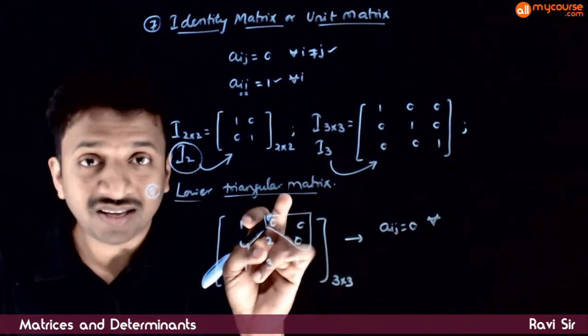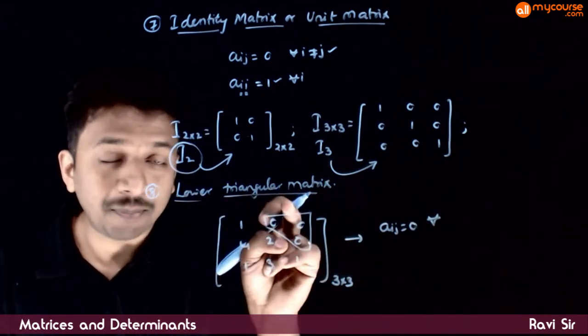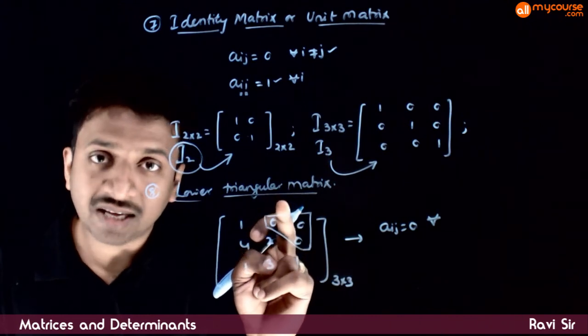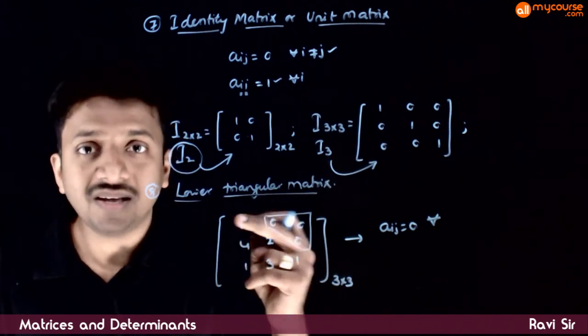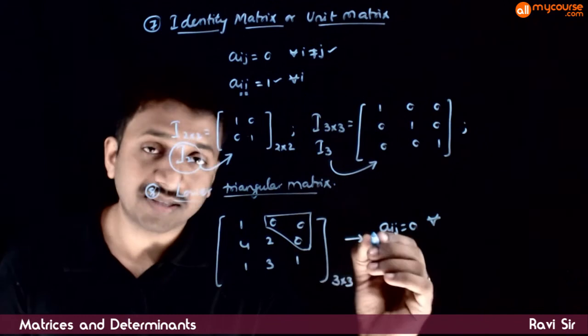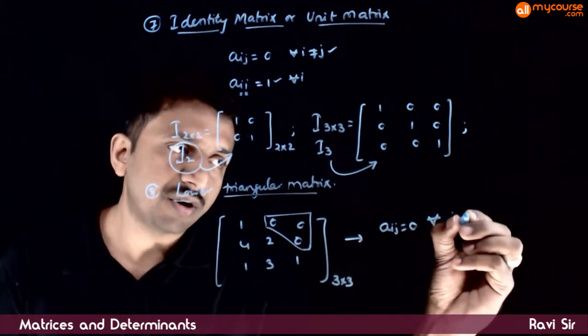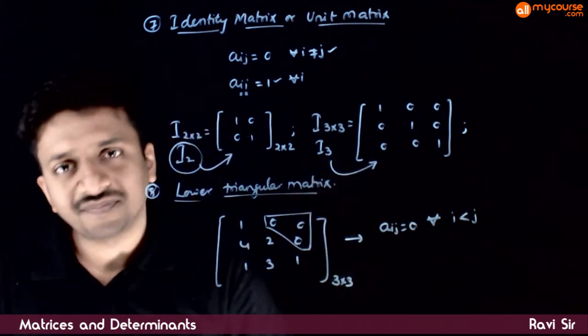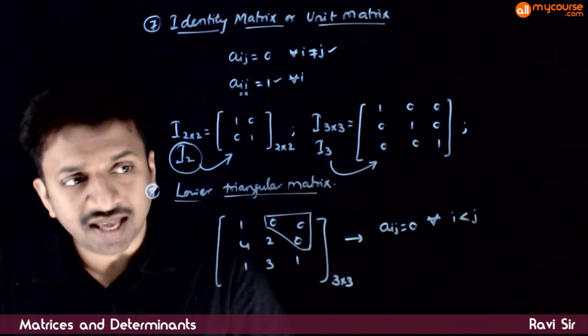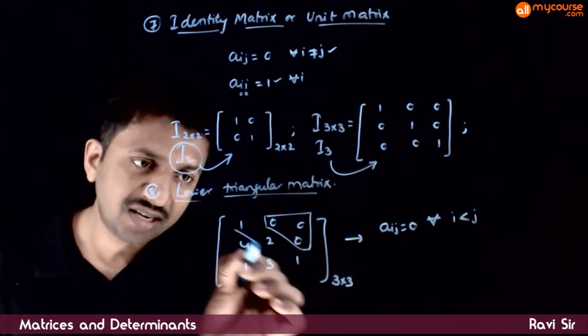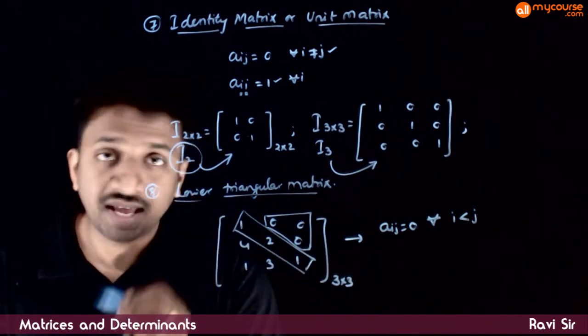So how do we denote the upper triangle? In the upper triangle, the column number is more than the row number. That is, Aij has to be 0 for all i less than j. We have seen that the diagonal elements correspond to i equal to j.